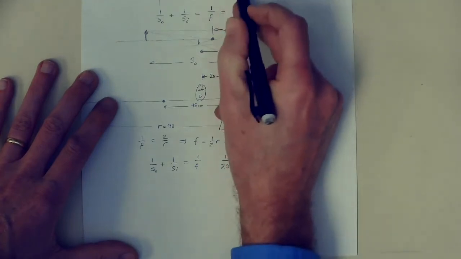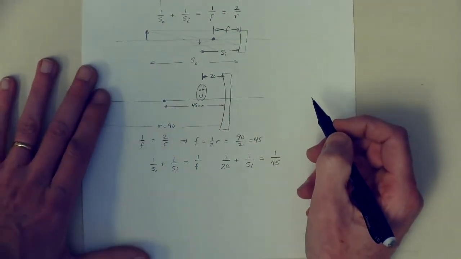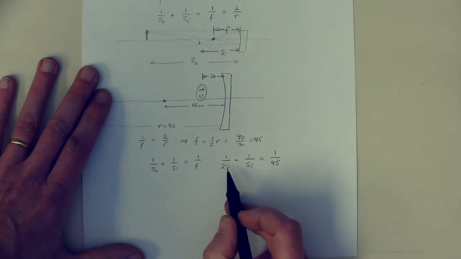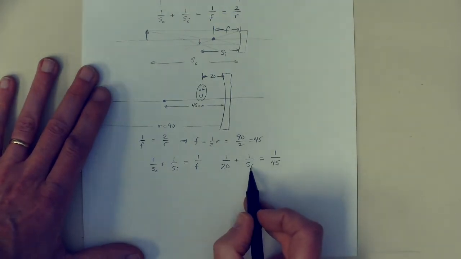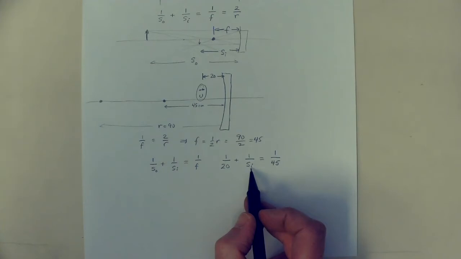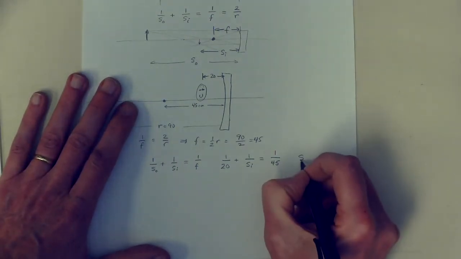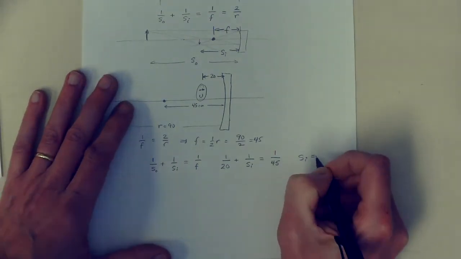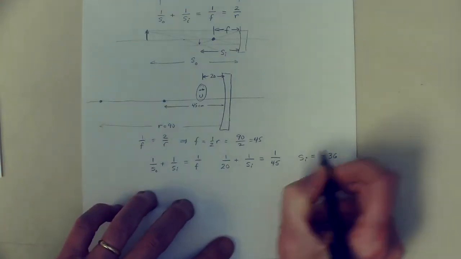A concave mirror like this has a positive focal length. Okay. And I'm going to leave these both in centimeters, and we'll get our answer in centimeters. To do that calculation, you should find that the image distance is minus 36.